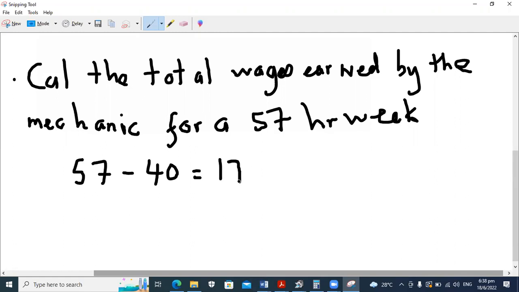What does this 17 represent? How many extra hours you have to work. Right, very good. This would be his overtime.